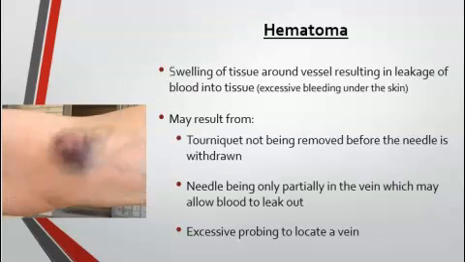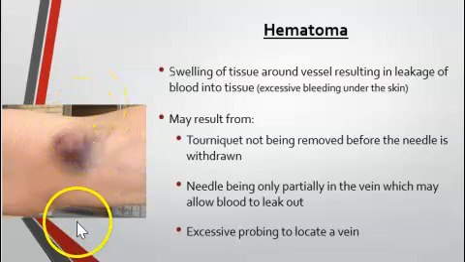Sometimes we have a negative effect of phlebotomy called a hematoma. A hematoma is basically a leaking of blood into the tissue. So excess blood is basically just leaking out under the skin, causing a bruise. And you can see an example of a hematoma here on this image. Of course, as a phlebotomist or a lab tech, we do not want to cause a hematoma, and we want to do everything to avoid it.